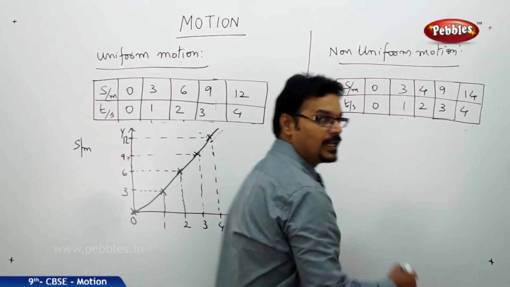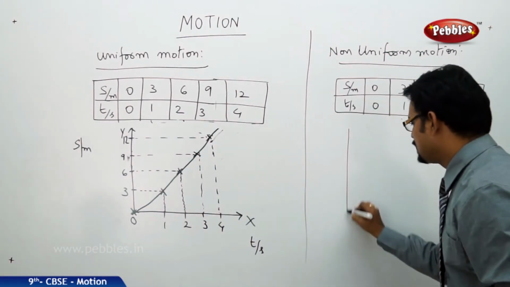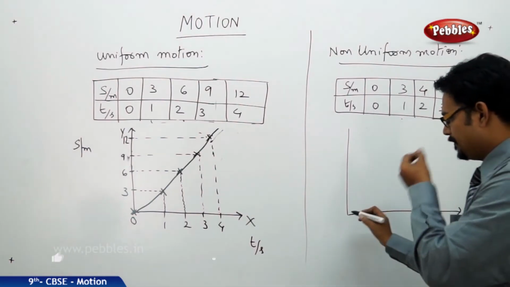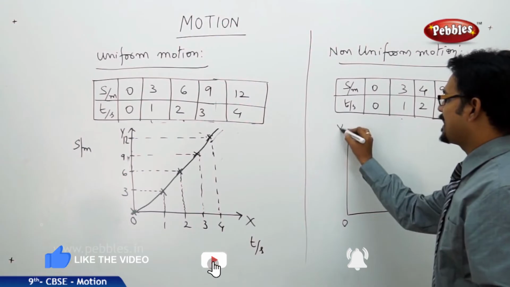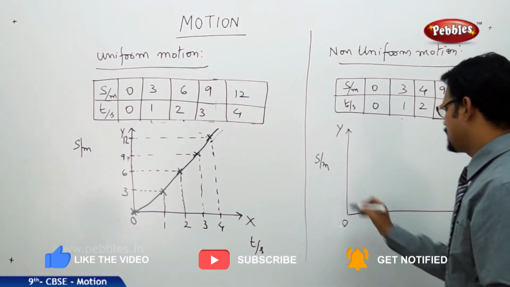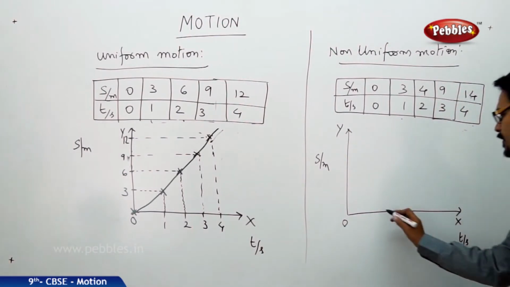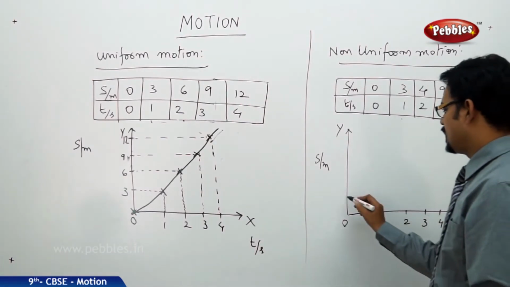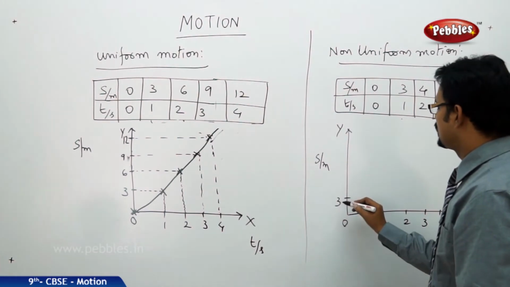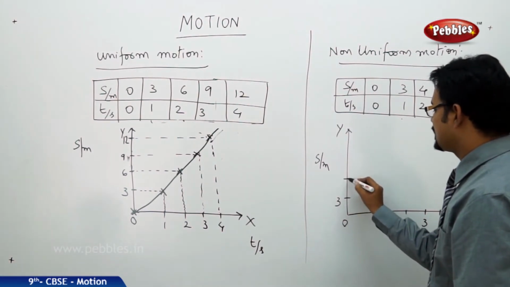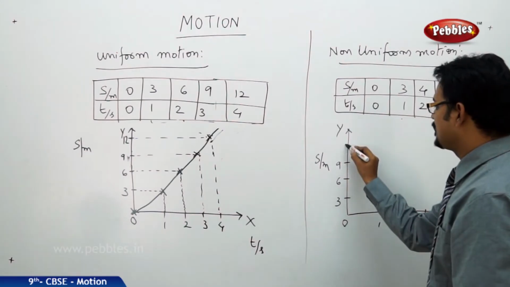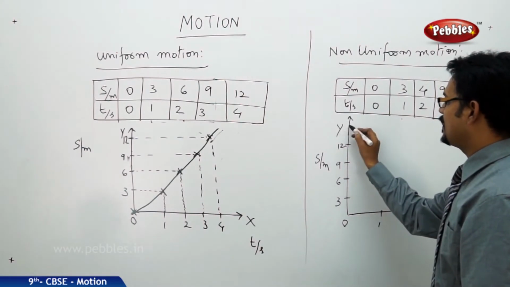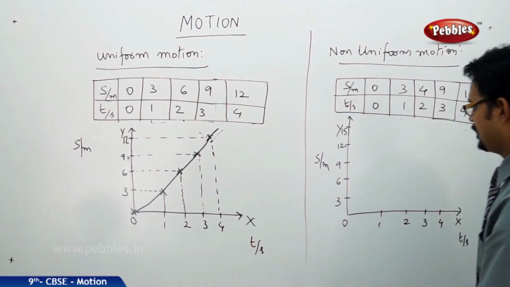Let me draw the same graph with the same rules. Time taken in seconds on the x-axis, distance in meters on the y-axis. Again, locate the distances 3, 6, 9, 12, 15.